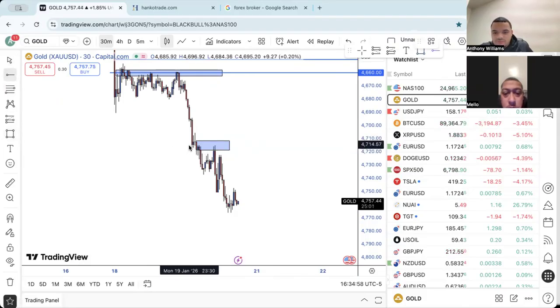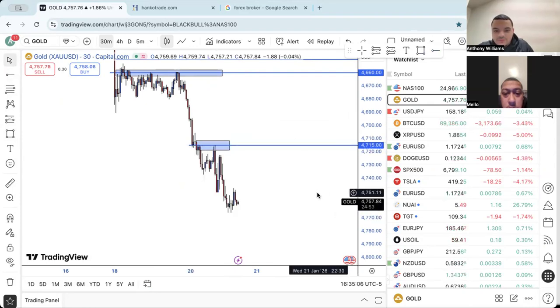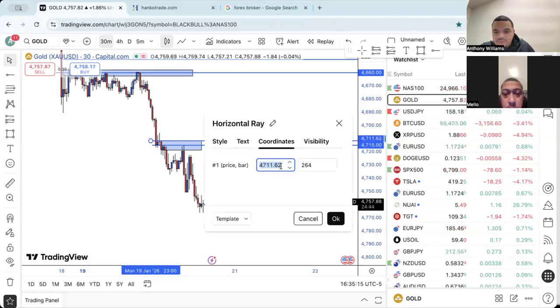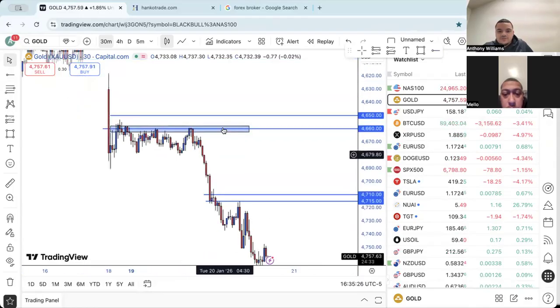I don't trade gold, so let's see how gold works. What does this go up to? Let me see. So all you're doing is looking for resistance. If you trade gold, you're just looking for resistance.